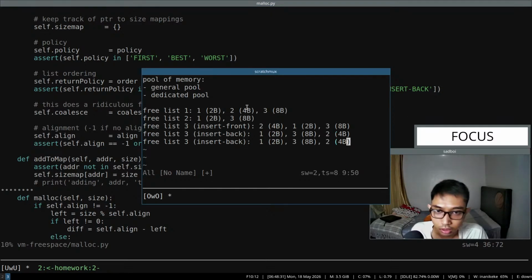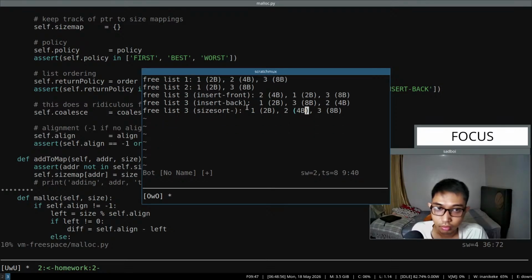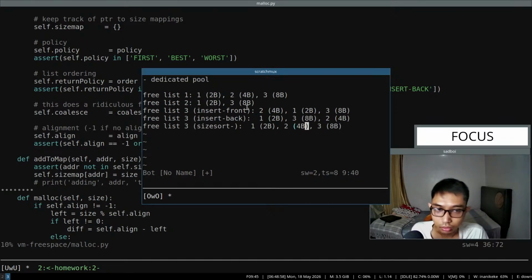Maybe something like that. Size sort negative here, so maybe we are inserting this in the middle, right? Something like this, because we are doing ascending, right?